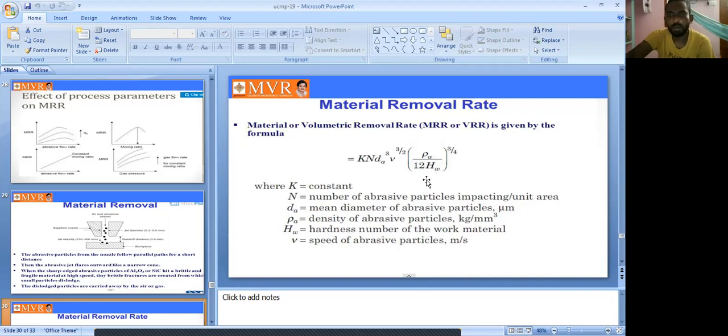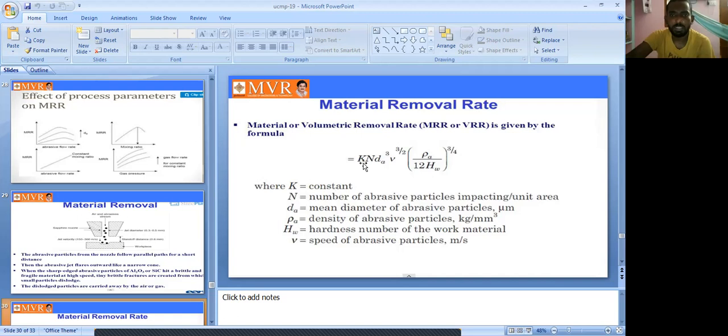So it is the formula. By using this formula we calculate the material removal rate in the abrasive jet machining process. This power is also very important: K N D_a^3 into V^(3/2) into (rho_a / 12 H_w)^(3/4). So it is the formula.